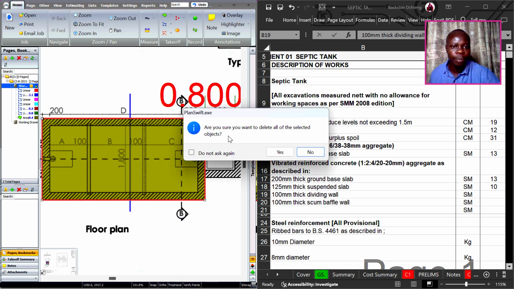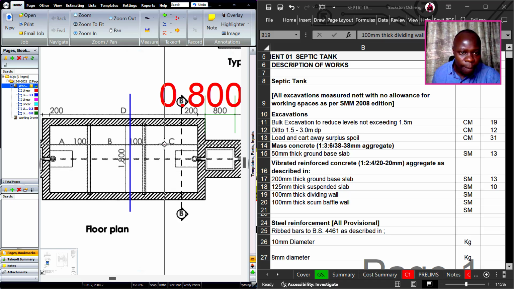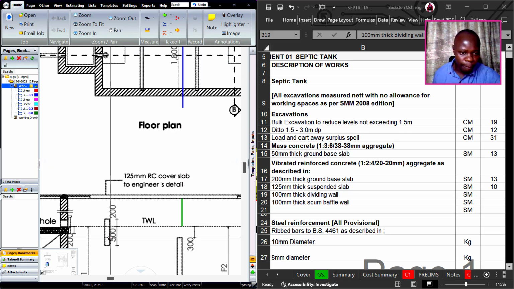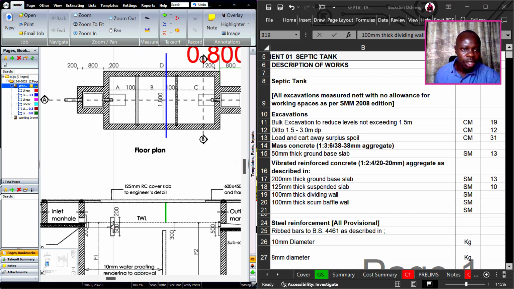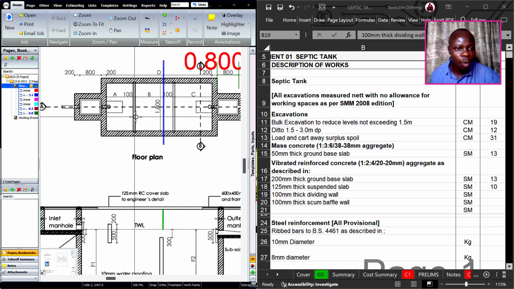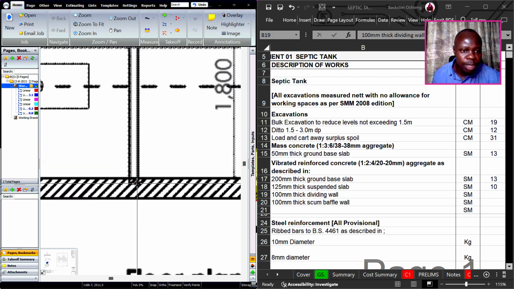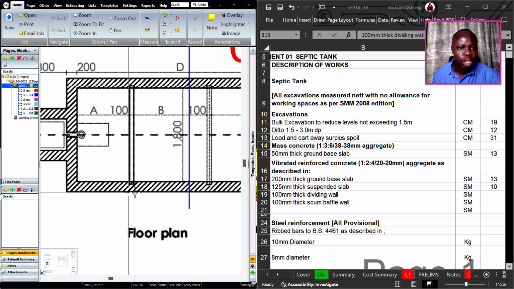So what we do for the scum baffle wall, according to this section, it's this one here. I hope you can see where my cursor is playing around. So this one here is the same wall. We measure it, and it's always important that we measure it up to where you can see there's a smaller portion of it that is going into this wall.